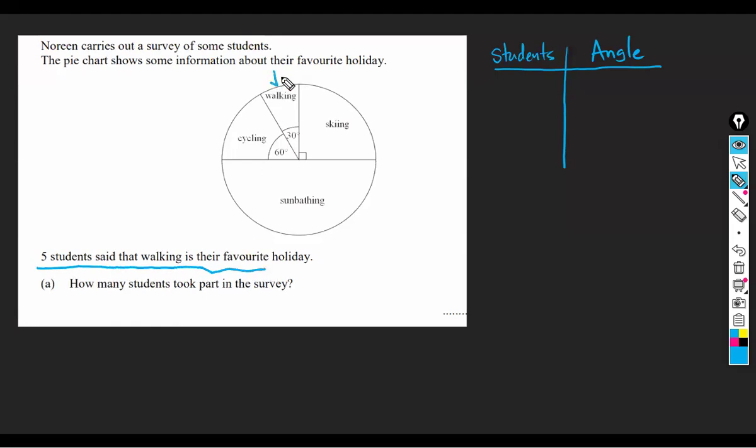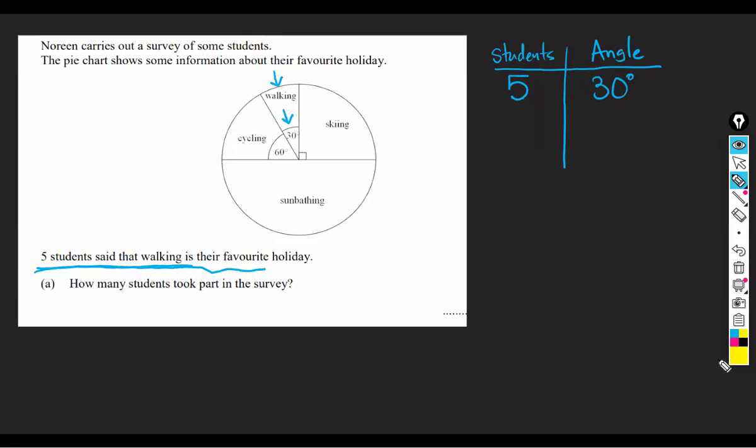So walking is over here, and what angle is being represented for walking? 30 degrees. So tell me if this makes sense. 5 students is represented by 30 degrees because the examiner depicted that in the situation. He said 5 students prefer walking, and look at it. The angle to represent that was 30 degrees.